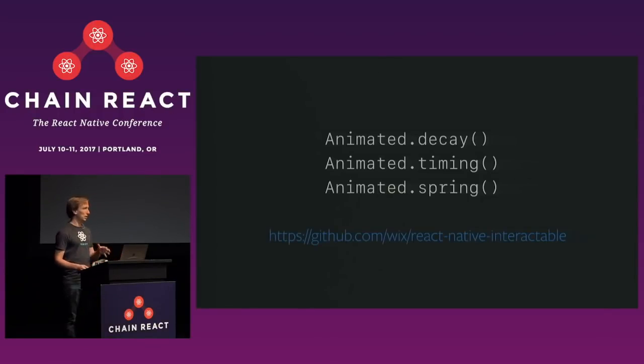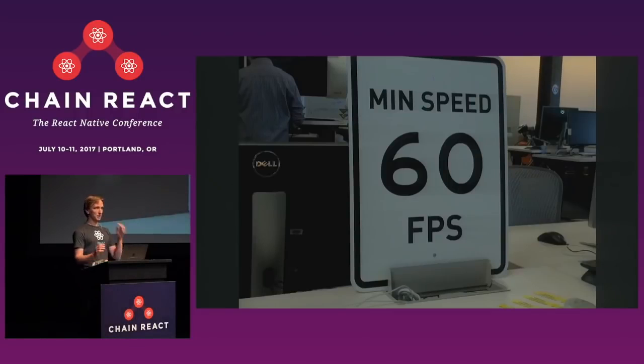Big shout out here to Wix for building React Native Interactable. This thing is basically a physics engine running on your phone with access to React Native that you can use to program your stuff. This is where 60 FPS is really important. Like when you drop a frame, this breaks the illusion of direct manipulation, and that creates this feeling of janky and not feeling right.